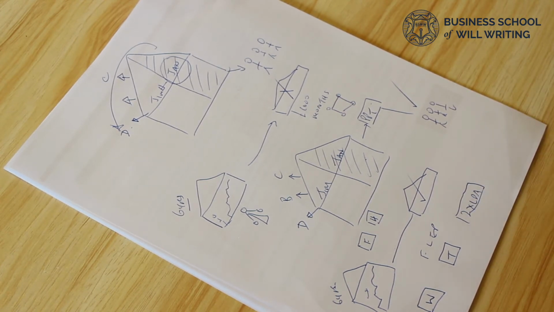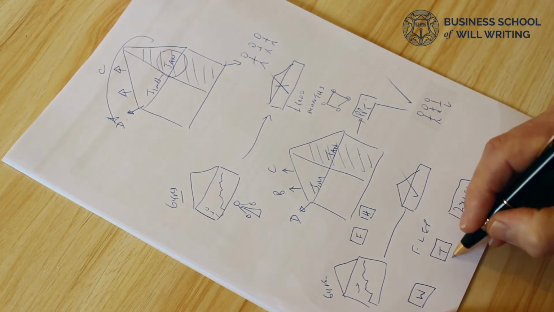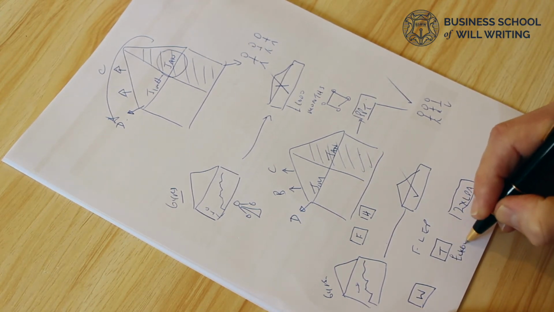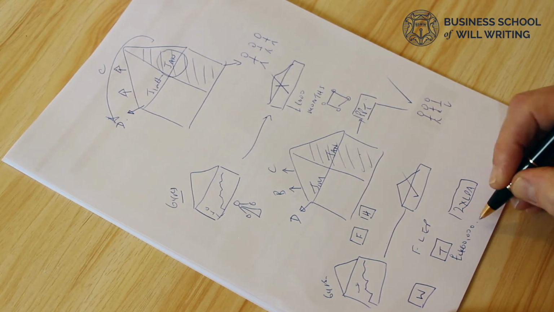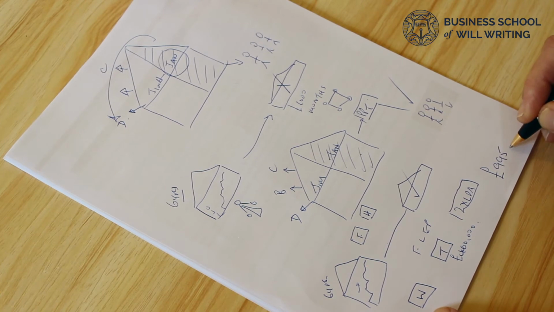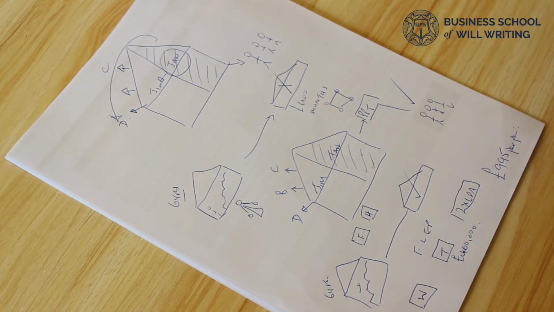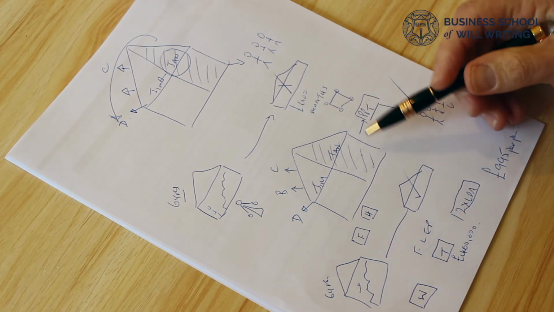Now let me just ask you, Jim and Jan, how much is your house worth? It's worth 400,000. Well, the great news is that for just £995 per person, you can put all this plan in place. Can you see the huge advantages and the peace of mind such planning will give you?